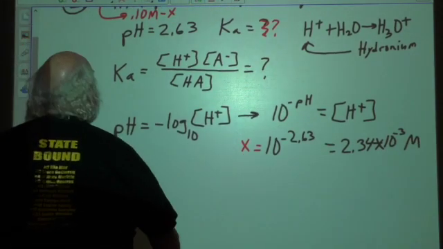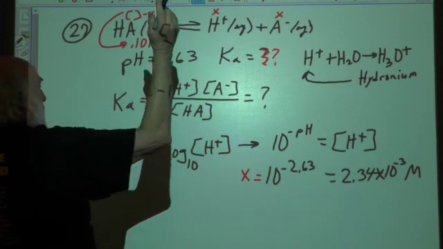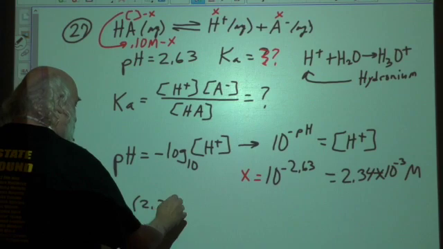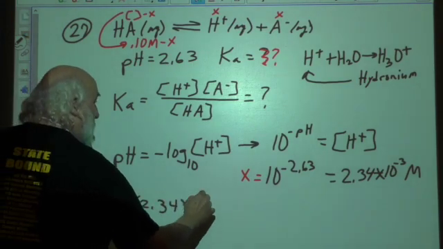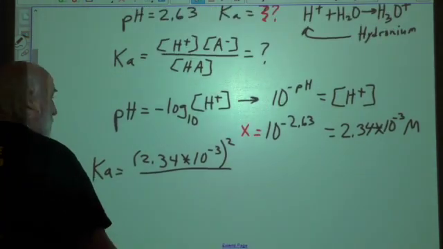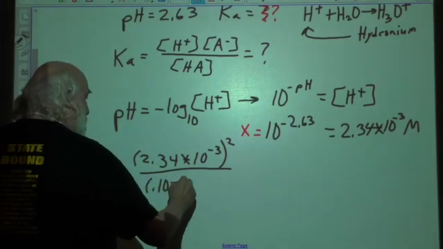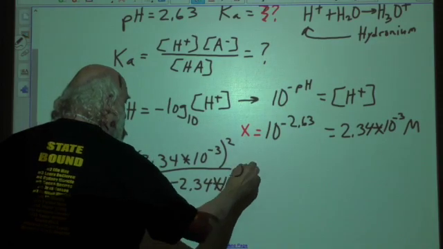So let's do that. We have x times x on top, that's x squared. So this is going to be, I'll put Ka over here, 2.34 times 10 to the negative third quantity squared over, and then in the denominator is 0.10 minus 2.34 times 10 to the negative third.